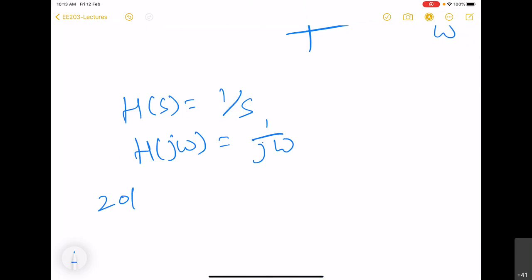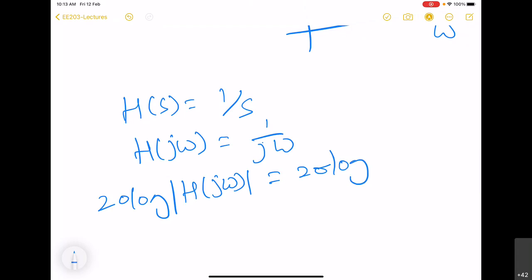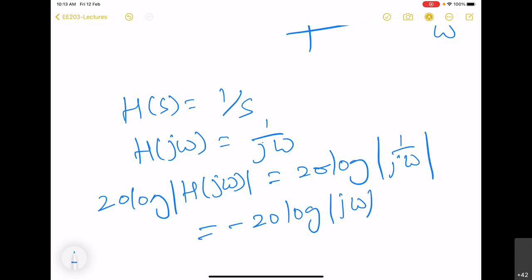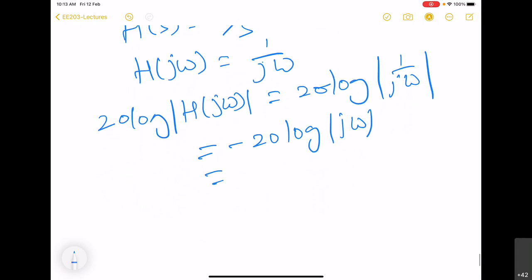and when we go to log axis, this becomes minus 20 log |j omega|, equal to minus 20 log omega, right?